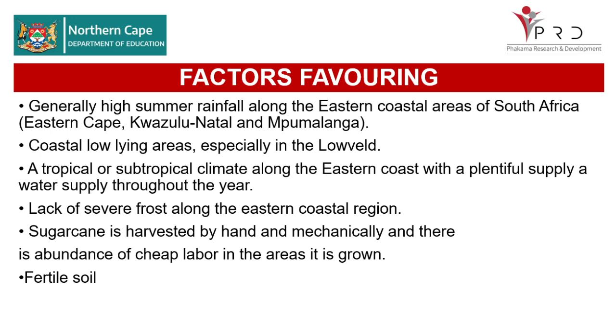Then we're looking at the factors that are favoring sugarcane in South Africa. Number one, sugarcane is farmed on the eastern side of South Africa, and the climate there is wet, so it is able to sustain the sugarcane. There is generally high summer rainfall along the eastern coast, which is your Eastern Cape, KwaZulu-Natal, and Mpumalanga.